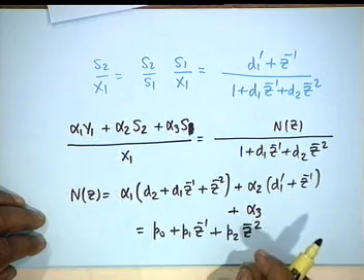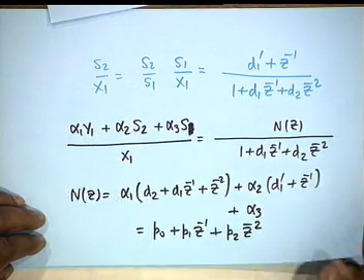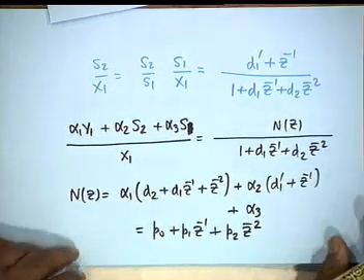Now we match coefficients to be able to get the required multipliers. Okay, let's match the coefficients and let us see what they come out to be.